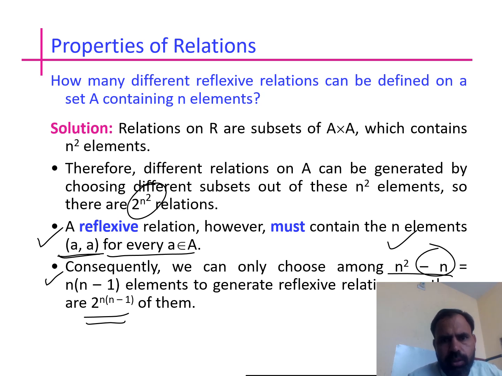We already discussed that a reflexive relation must contain the pair (a, a) for every a belonging to A. So we can only choose among n squared minus n, that is n times (n minus 1), to generate reflexive relations, or 2 raised to the power n(n minus 1) of them.